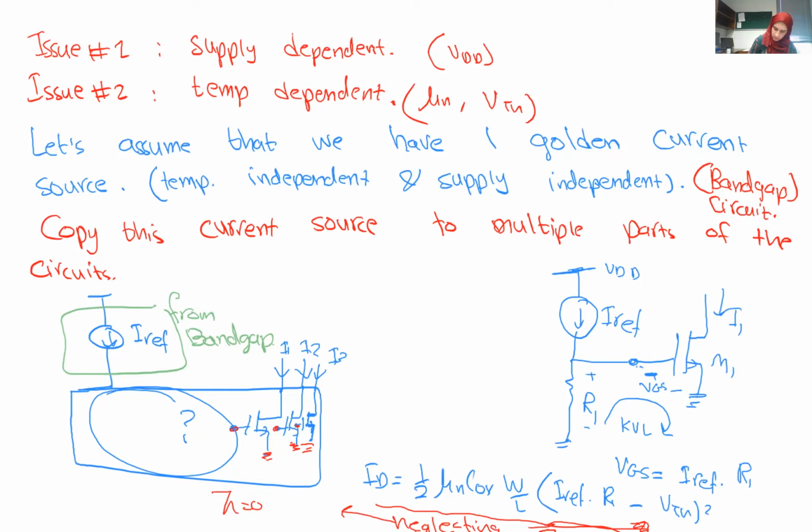Unfortunately, it's not good because mu1 is still temperature dependent, R1 is also temperature dependent, and the threshold voltage does depend too. This is not a good solution. So we need to think of something different that can solve this issue.